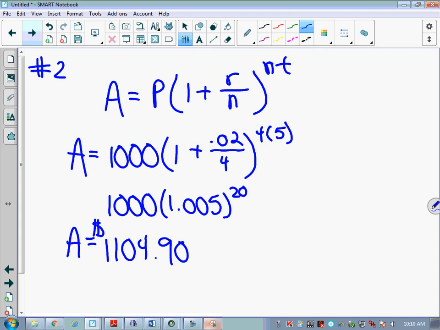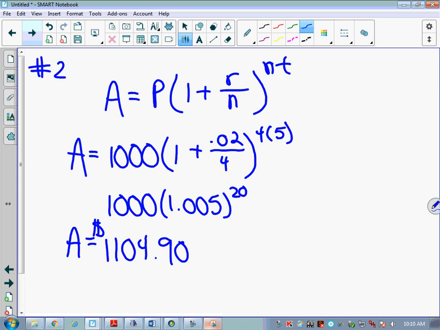Questions on number 2. Okay. Be prepared that the question on the test may not be a money question that it's asking you. It may be how much money do you have to pay after so many years.